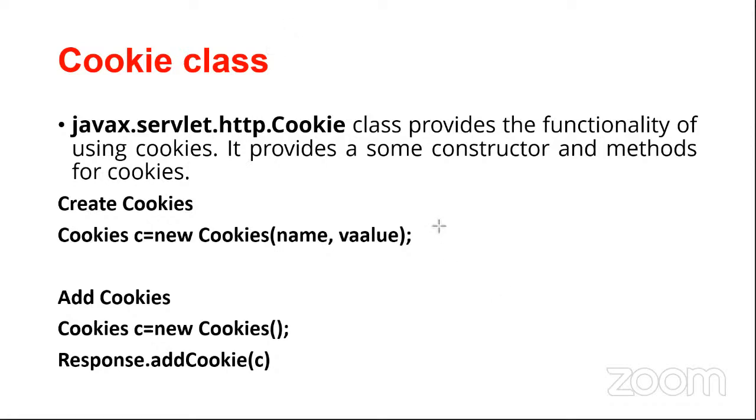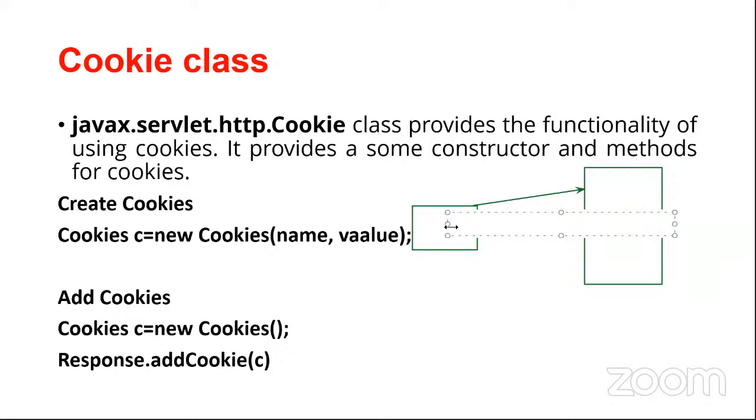So basically, we send a request. Assume that this is a request, and the request is sent to the server. Assume that this is a server. Can I add text here? Right. So this is a client, assume it.